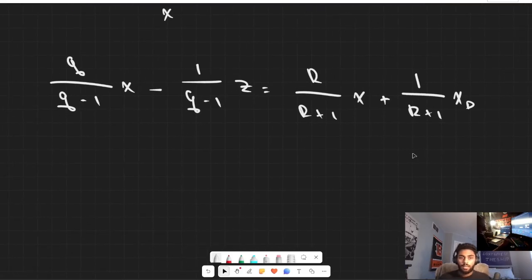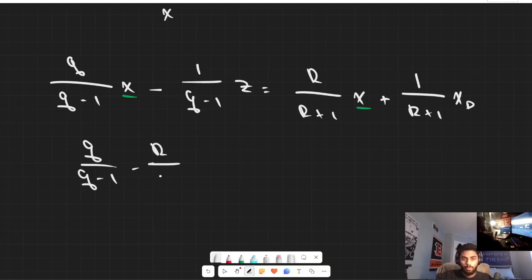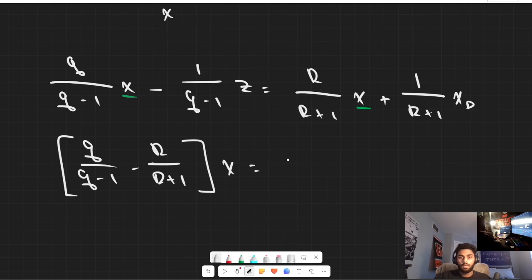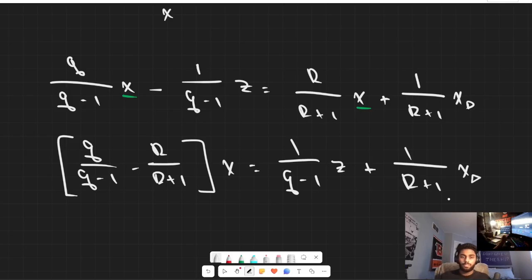That makes sense. So now what I'll do is I'll gather my like terms on one side. So q over q minus 1 minus r over r plus 1 times x equals 1 over q minus 1 z plus 1 over r plus 1 xd.